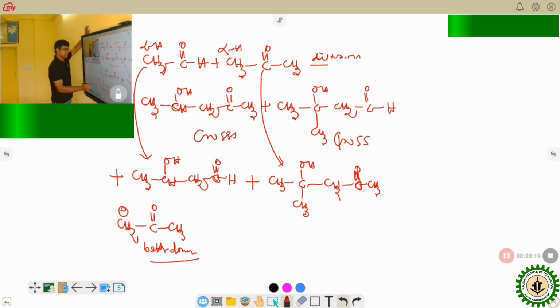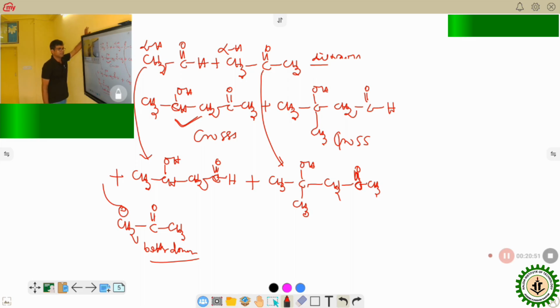So this will first attack the more reactive aldehyde to form this cross product. Then the carbanion formed from this aldehyde molecule, and between these two cross products, this will be the predominant one.